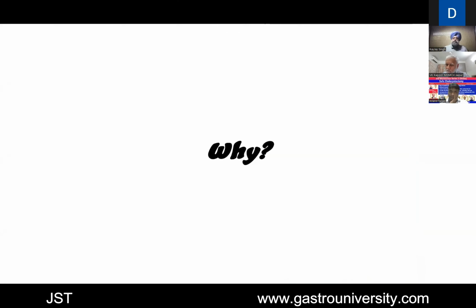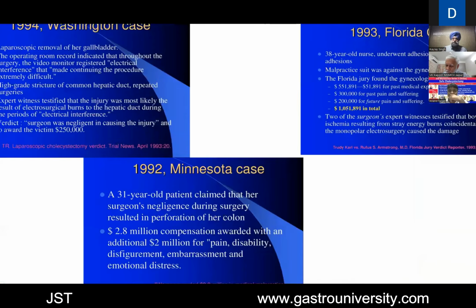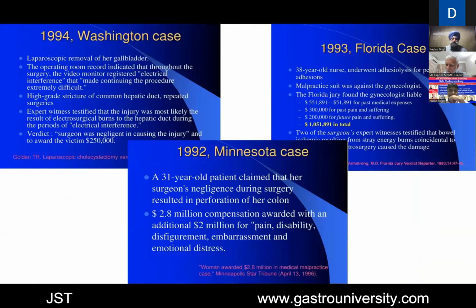So why are we supposed to be so serious about our arsenal? Why are we so disturbed about it, and why are we concentrating on this seemingly accessory focus? Now you see, there are 3 big cases with large sums of money inflicted upon the surgeon.